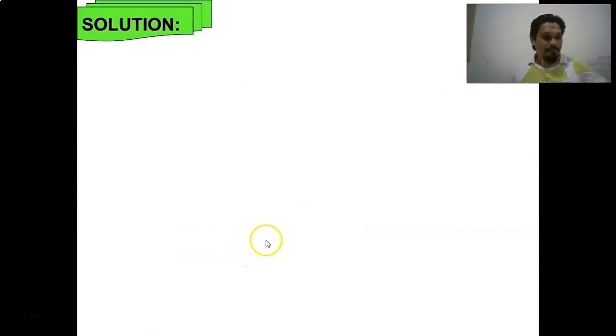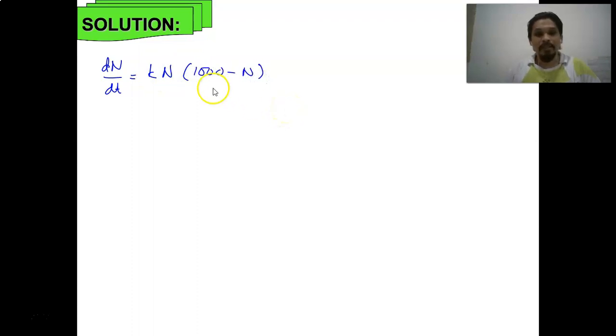Okay, now, the equation given is dn/dt equal to kn(1000 minus n). Here the variables are n, the number of the population, with respect to time.